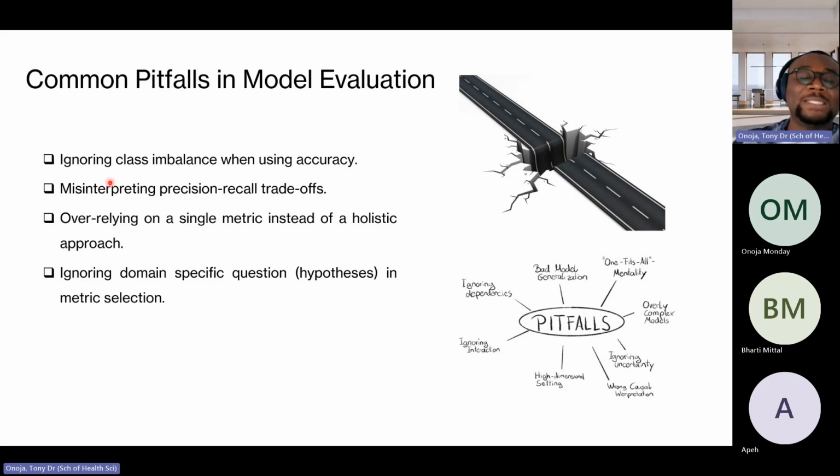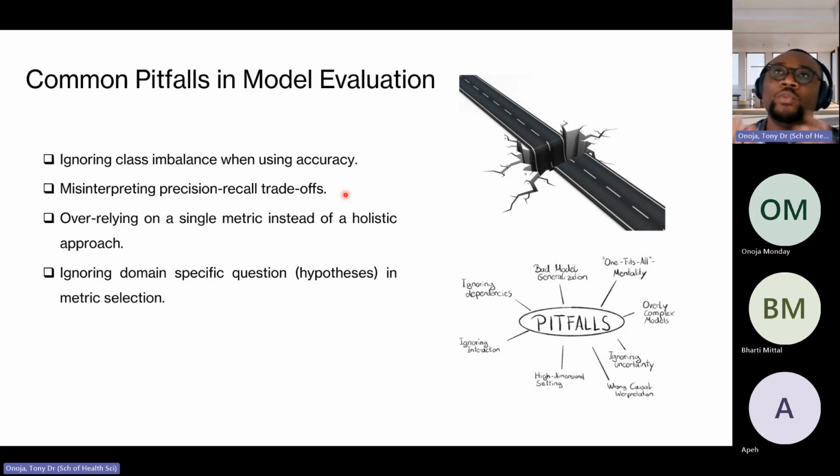Then, misinterpreting precision-recall trade-offs. Like we said, there is a sort of tug of war between precision and recall. They seem to be disagreeing, or they seem to be locked in a headlock with each other. So you have to make sure that when you are interpreting them, you do not misinterpret them.